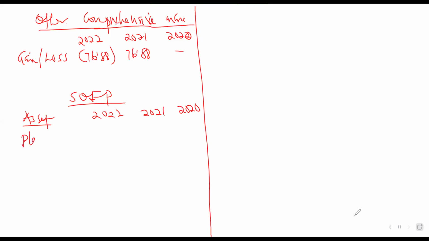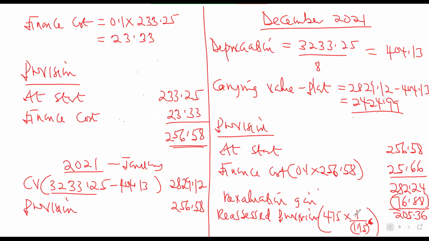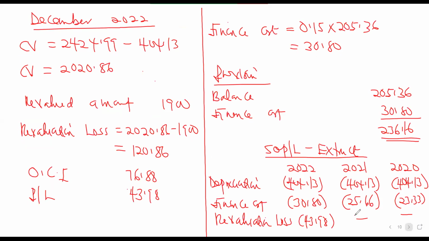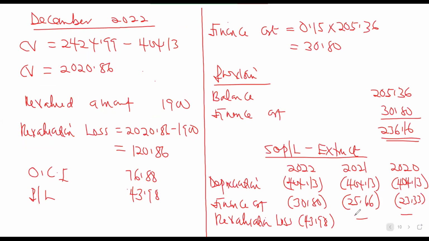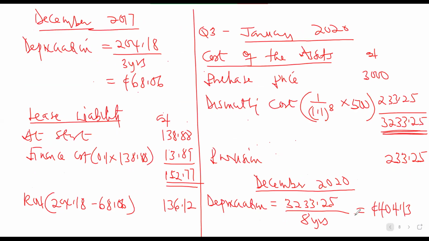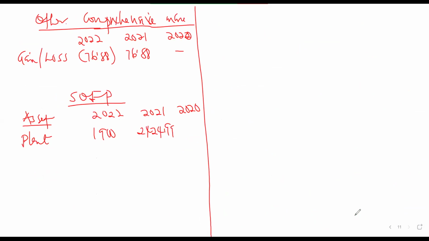The plant at the end of the year, the new amount will be 1,900, which is the revalued amount. 2021 it was 2424.99, and 2020, the carrying value of the asset was 2829.12.